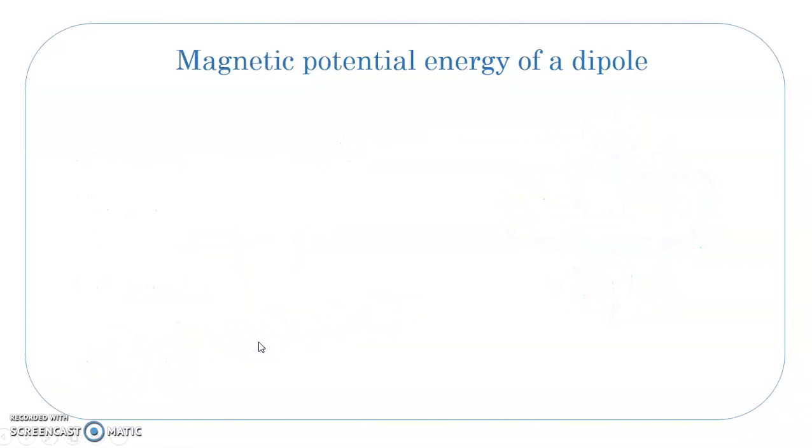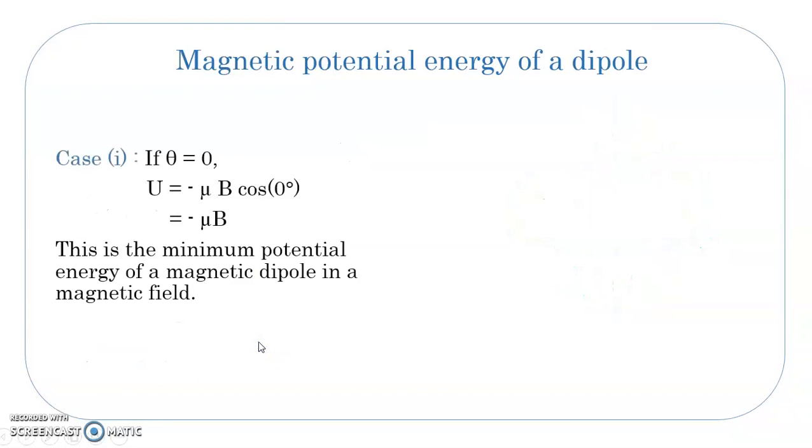Now let us consider two different orientations of a current carrying coil placed in an external magnetic field. Case 1: theta = 0 degree, that is, the angle between the magnetic dipole of the current carrying coil and the external magnetic field is 0 degree. So we get U, that is the magnetic potential energy of the coil, = minus mu B cos 0, and we know that cos 0 = 1.